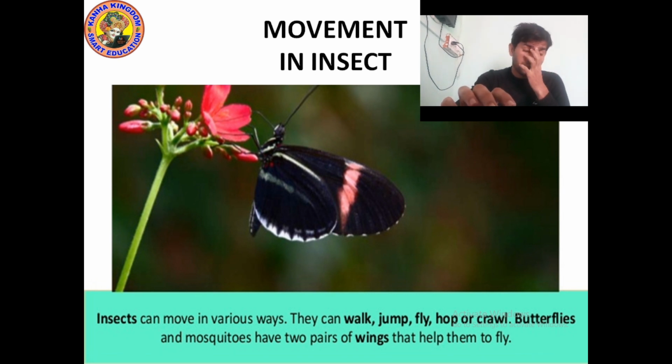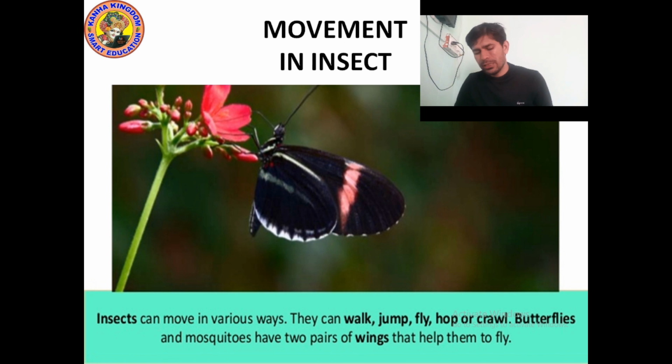You might have seen ants. Insects have six legs. Most insects have six legs, not all, but mostly.